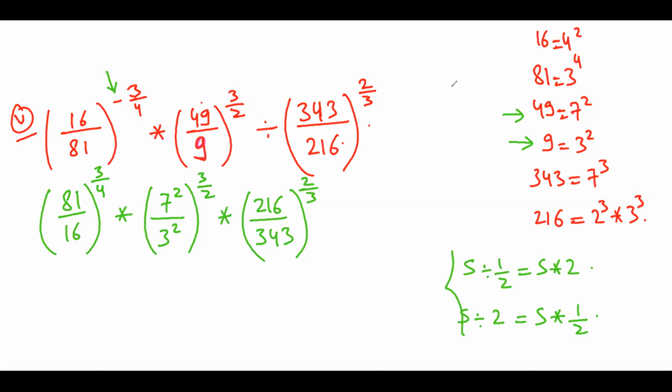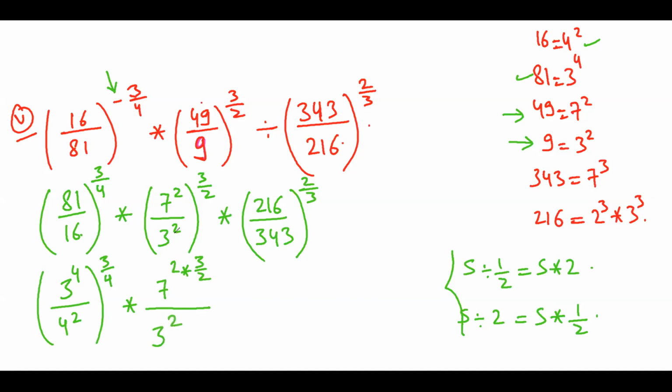Okay, 81 I can write as 3 raised to power 4. 16 I write as 4 square. There is a 3 by 4 which is waiting outside into, I can write this as 7 raised to power 2 into this 3 by 2 whole upon 3 raised to power 2 into 3 by 2 into 216.